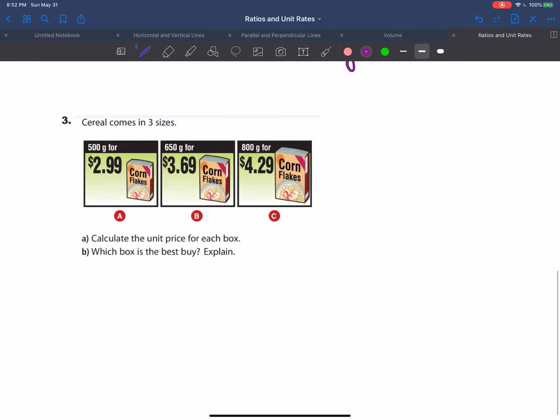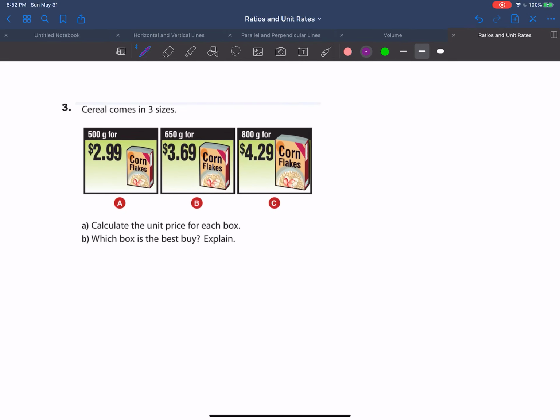Okay, last one. Cereal comes in 3 sizes: 500 grams for $2.99, 650 for $3.69, and 800 grams for $4.29. So we want the unit price for each box. So we take the price and we divide by the number of grams. So we're going to get a small number here, but that's okay.